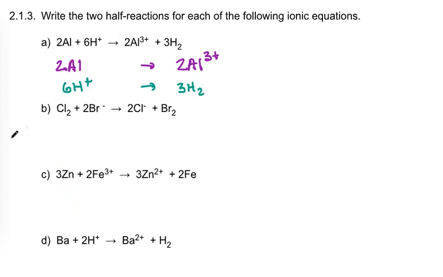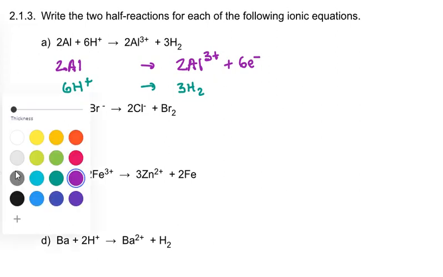We can take each of those separately and work on it. Now, each of these, as you would have seen in the previous exercise, isn't balanced right now because in the aluminum one we have 0 charge on the left and we have plus 6 on the right. So if we were to balance this, we would need to put 6 electrons on its right side.